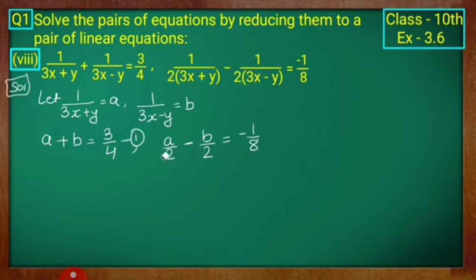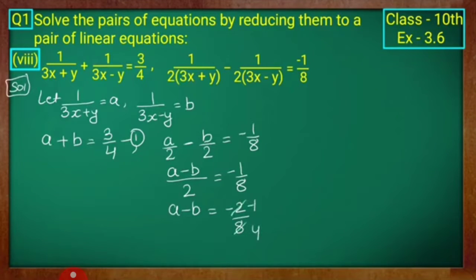Take this as first, and in this equation the denominators can be reduced from both the sides by taking 2 as common or LCM. So it will be here a minus b upon 2 is equal to minus 1 upon 8. So 2 can be reduced. So a minus b is equal to, transposed over here, minus 2 upon 8.